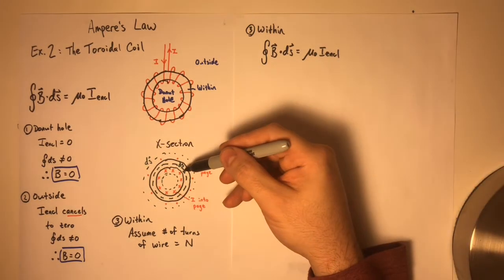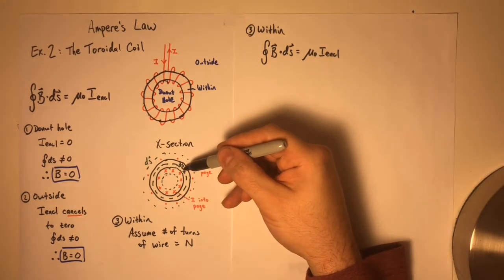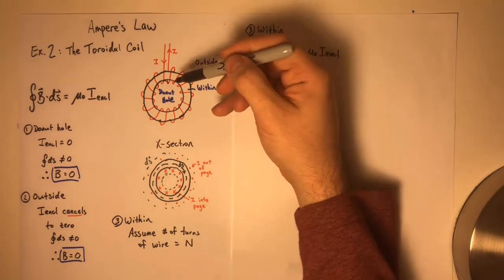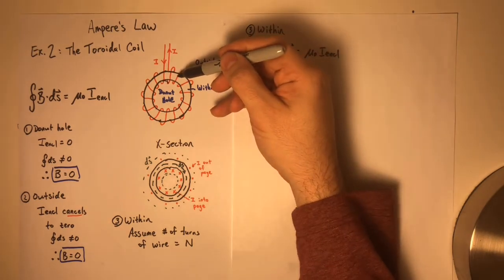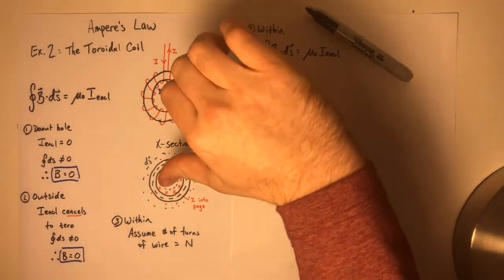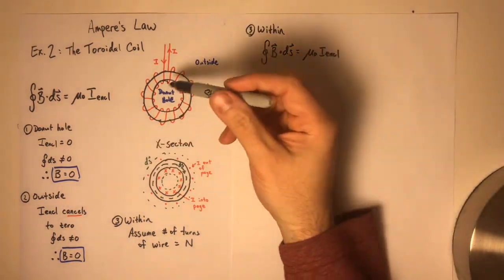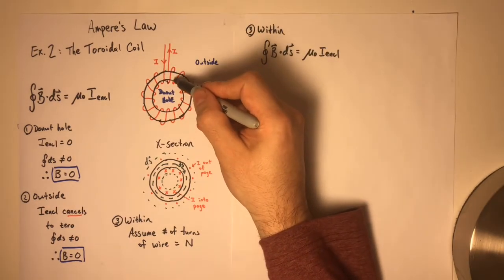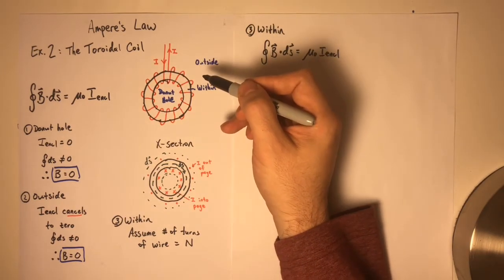The second reason that choosing this Amperian loop makes sense requires you to do a little bit of imagination with the right-hand rule as it pertains to wires. If you think back to that right-hand rule, you have wires that have circular magnetic field lines surrounding them.